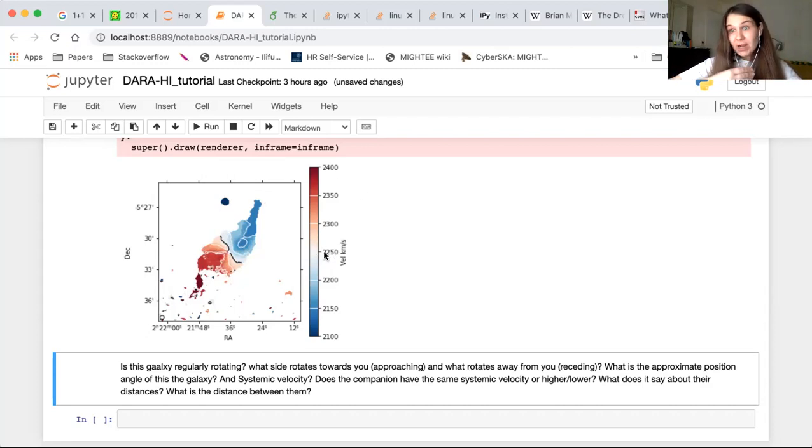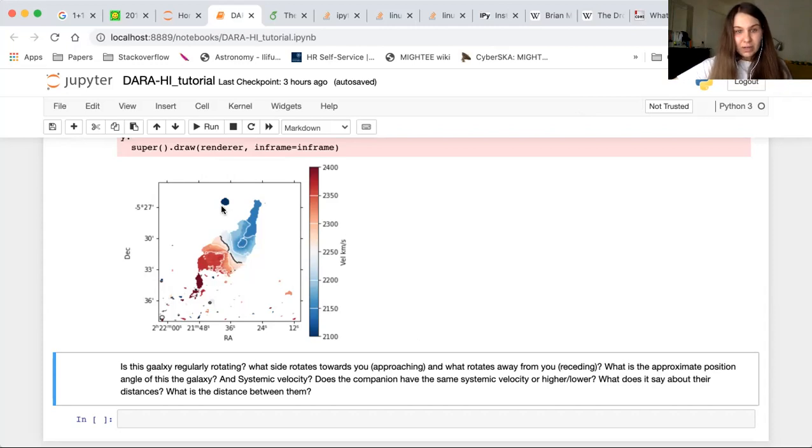We can subtract this systemic velocity and understand, because this is how fast the galaxy flows away from us. Then we will end up with around 150 kilometers per second on one side and minus 150 kilometers per second on the other side. So minus says that the galaxy side is blueshifted, therefore blue, so it goes towards you. And plus says that the galaxy side rotates away from you with a velocity of 150 kilometers per second.